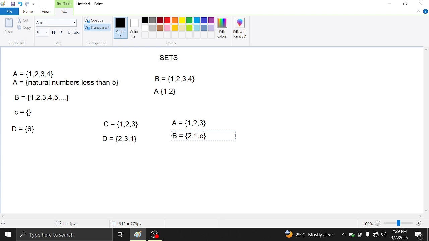So 3 should also be present at both sets. So the value of E will be 3 if A and B are equal sets.